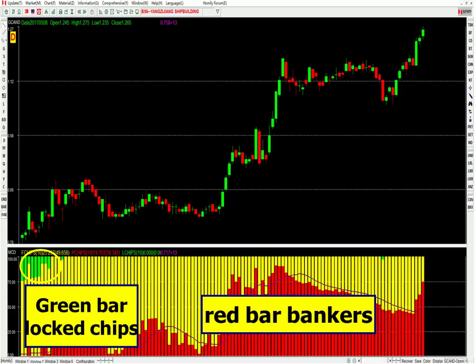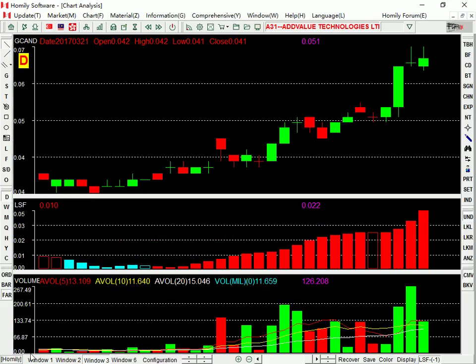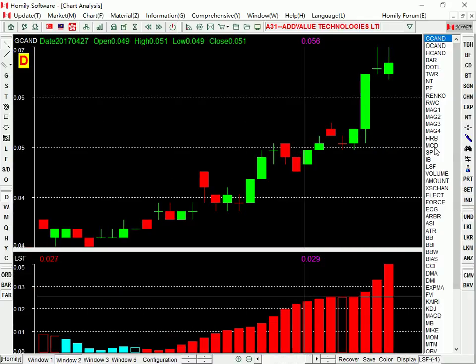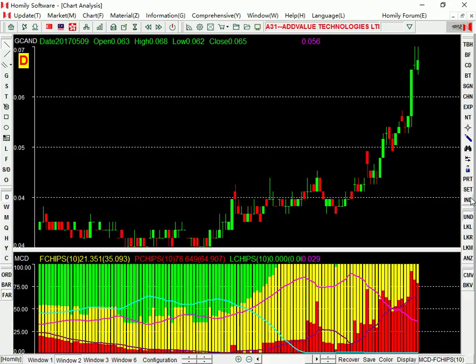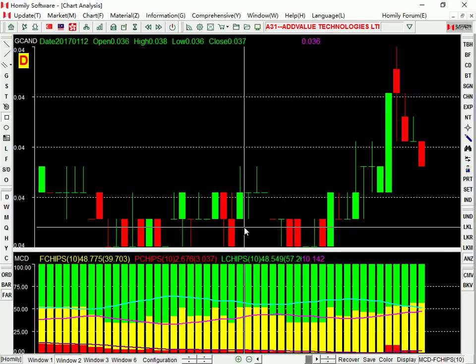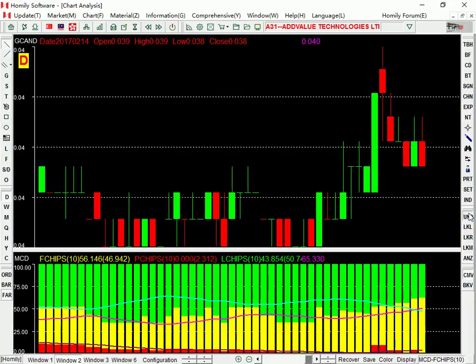Then this is the red bar with the bankers. Okay, so what's that meaning? Let's see some stocks. For this one, the green bar still inside, right? Then we wait and see.